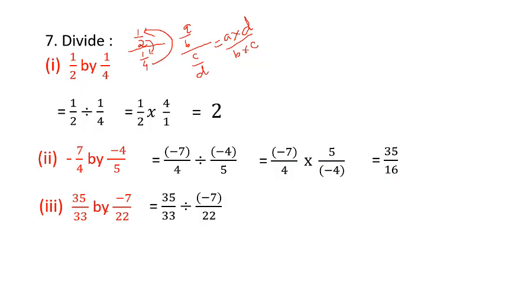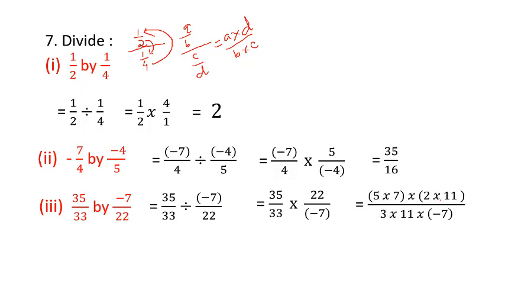Now divide 35 by minus 7 by 22. Again similarly put a multiplication sign, the minus 7 will go down and 22 will come up. You can either break this into this form or directly cancel it from here. 11 twos are 22, 11 threes are 33, 7 fives are 35, so 5 times 2 is 10 and negative here, 3, so minus 10 by 3.